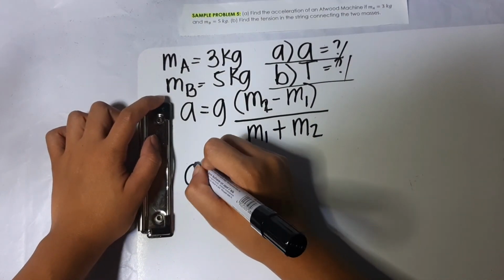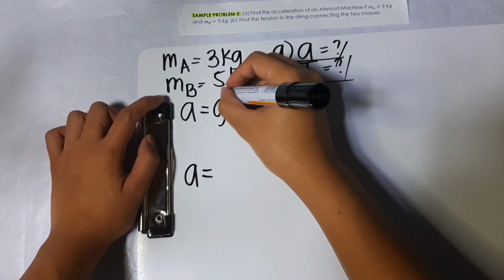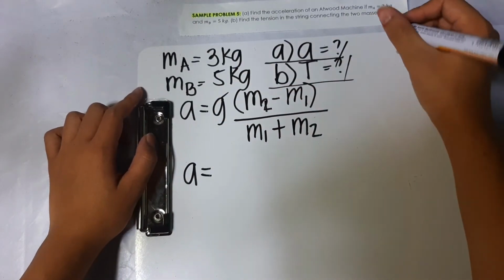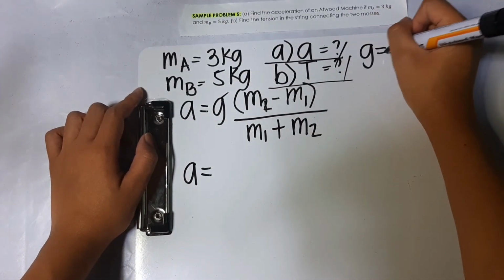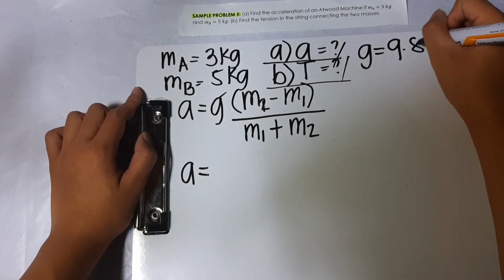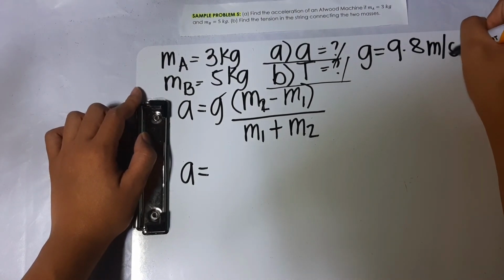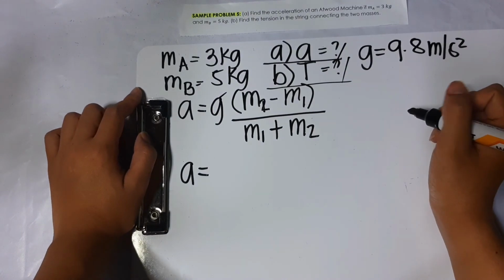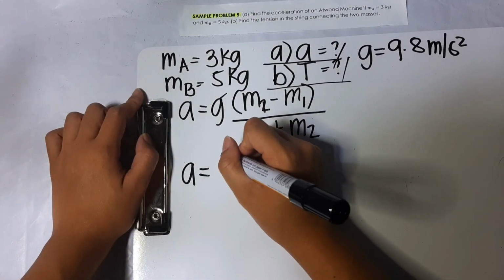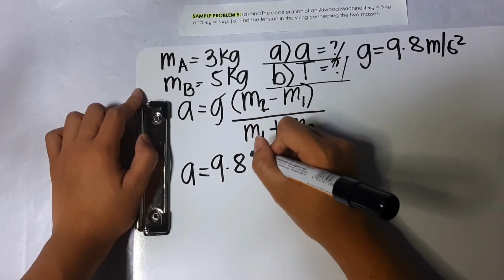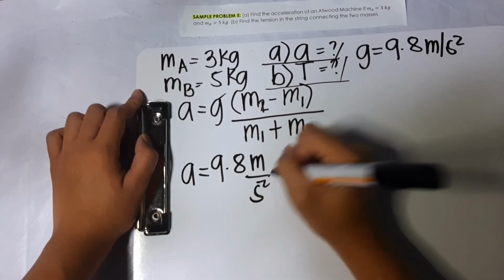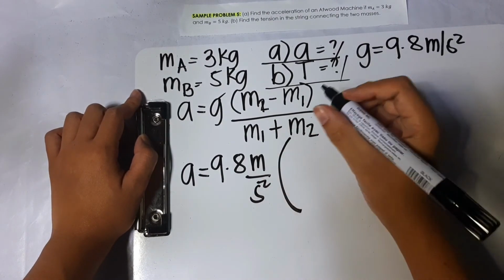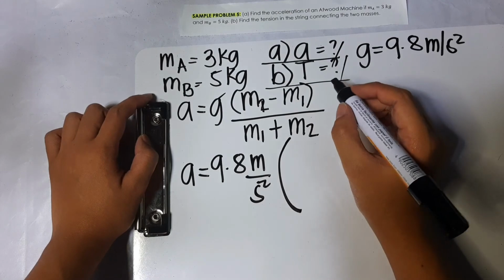So using these two formulas, let's solve for the acceleration of our masses. Acceleration is equal to the gravity. By the way, that's one of the given. Gravity is 9.8 meters per second squared. So 9.8 meters per second squared times your mass 2.